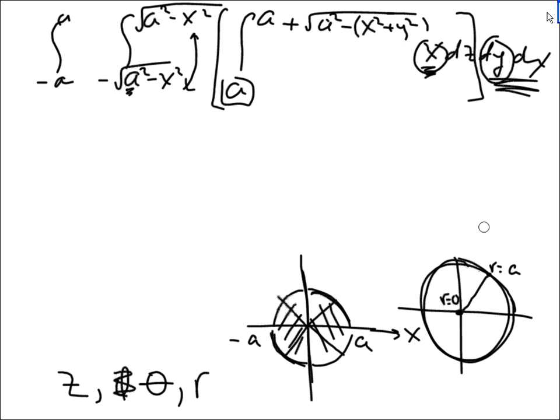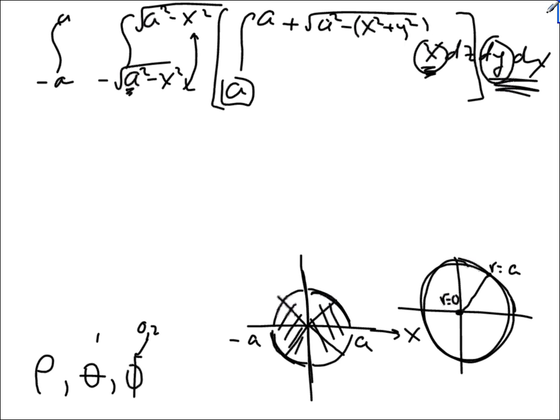Okay. The next integral that we want to convert this top one to is to our spherical coordinates that has rhos, it has thetas, and it has phis. Now, the theta is good. We know it's not changing. It's between 0 and 2 pi.